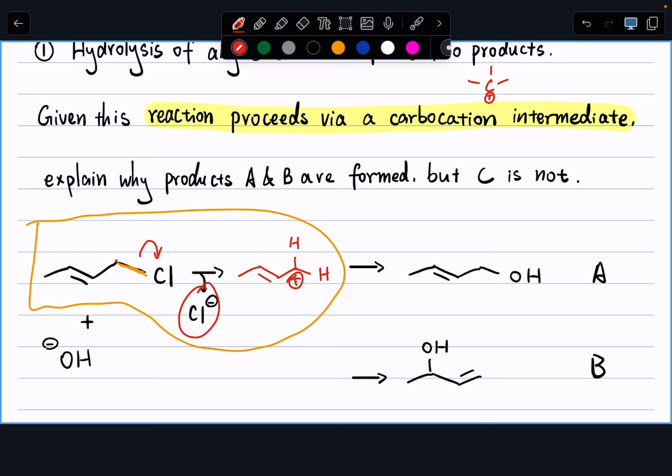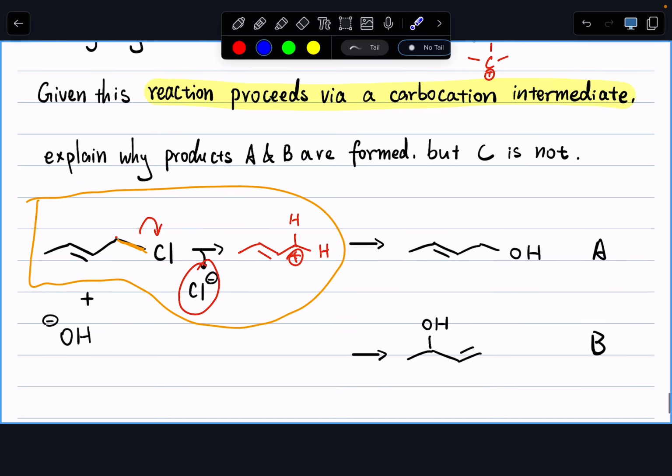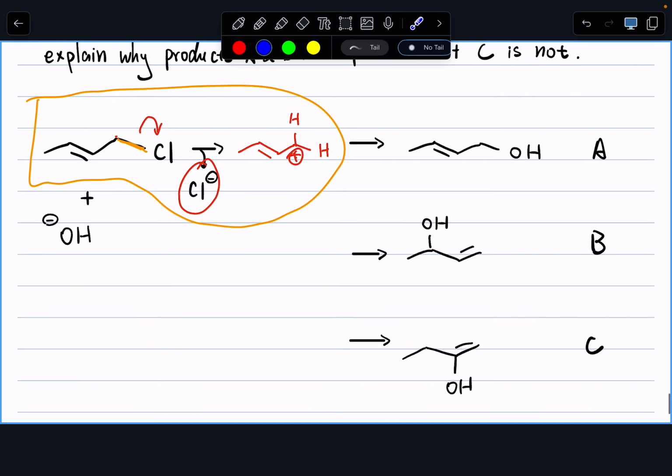All right. And what else do we know? The question asks us to explain why we are only forming A and B, but not C. Now, what is this reaction? Again, once we form that carbocation intermediate, what's going to happen next? We have a positive charge. We have a negative charge, OH minus. And obviously, this OH minus can react with that positively charged carbon.